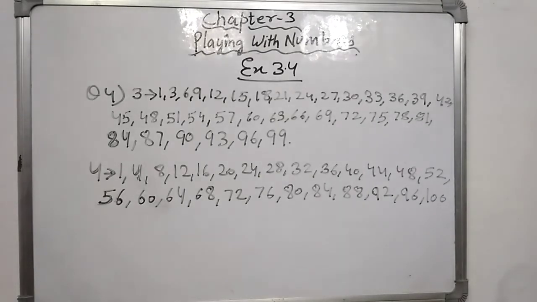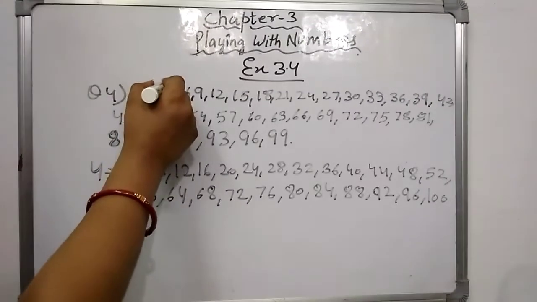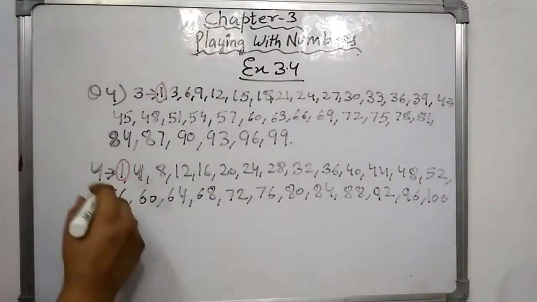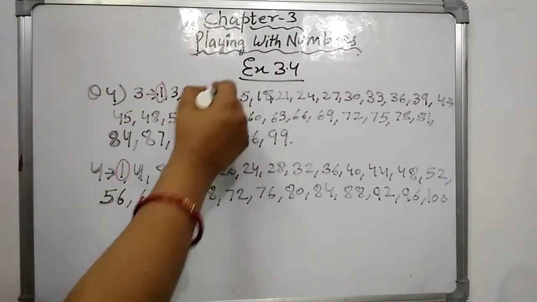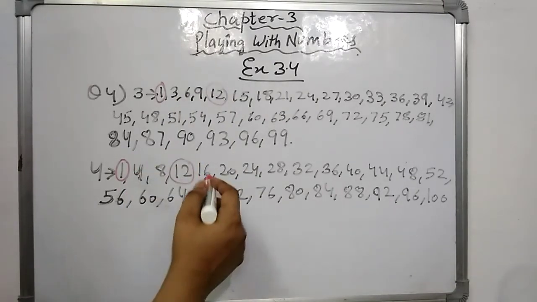3 up to 100. Now we will find out common multiples. Now this 12 is common. After that we can say 24 common.